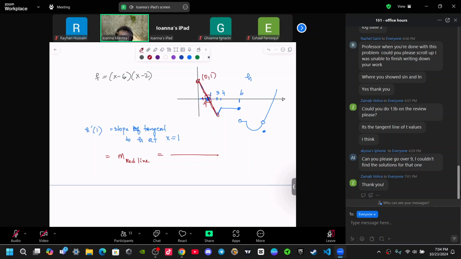So (0, 1), and I'll pick this one, (1, 0). Right? So the change in y-coordinates, 1 minus 0, and the change in x-coordinates in the same direction, 0 minus 1. I'm looking at the line and I see it's going down, so the slope better be negative. And it is, right? So the slope is negative 1. So that's the first question.